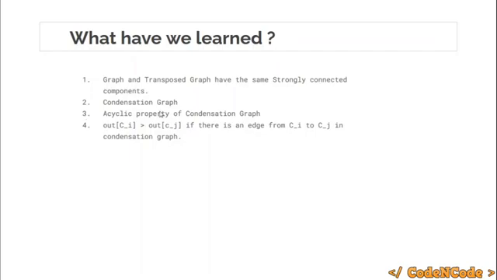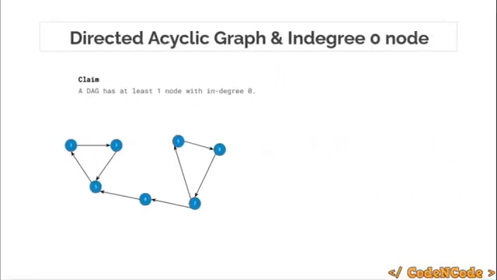Second, we have learned about the condensation graph. Third, we have looked at the property and proven that the condensation graph is acyclic. Basically it does not contain any cycle. Fourth, we have seen that if there is an edge from Ci to Cj, then the out time of Ci would be greater than the out time of Cj. These are what we have learned till now.